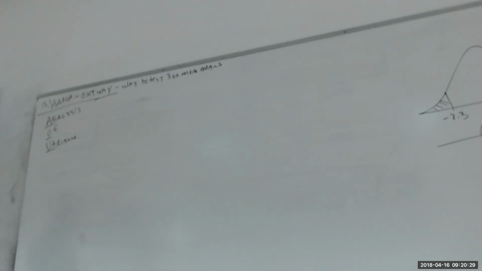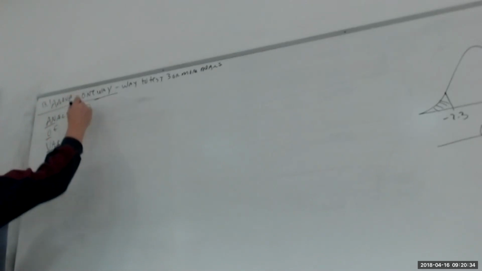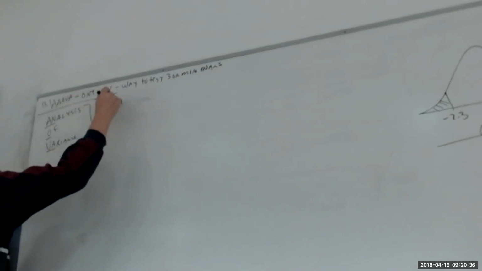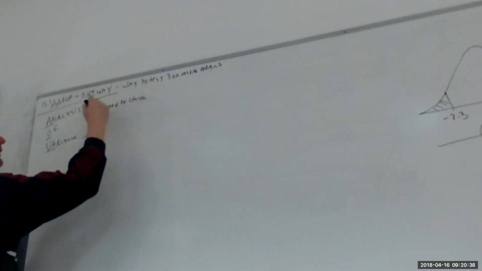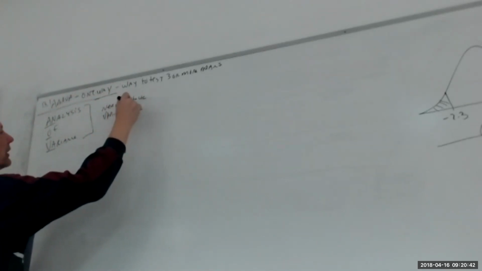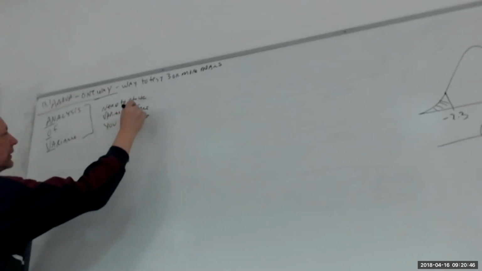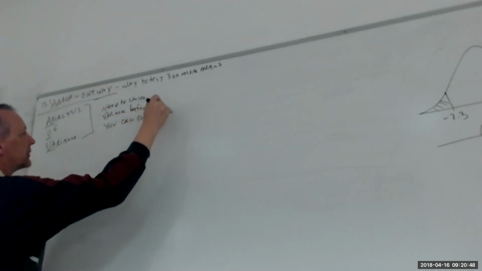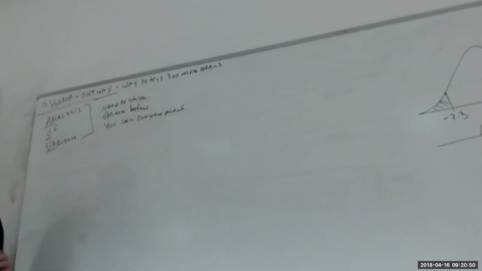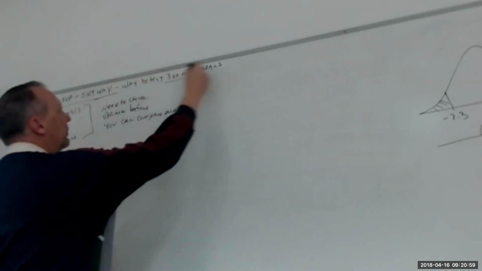The idea here is you need to check the variance before you can compare means. It's a weird thing, but we're testing 3 or more means.